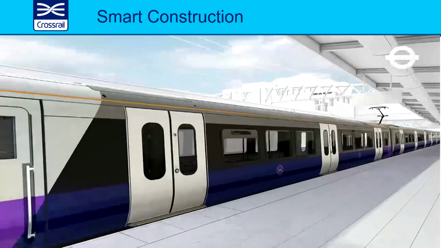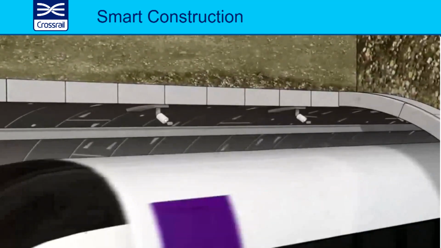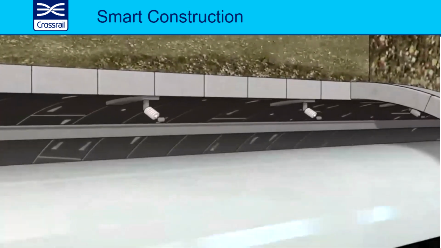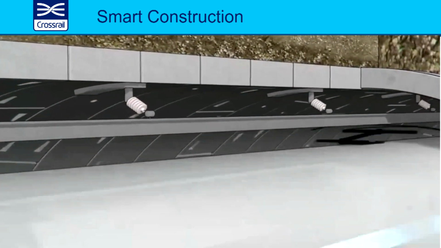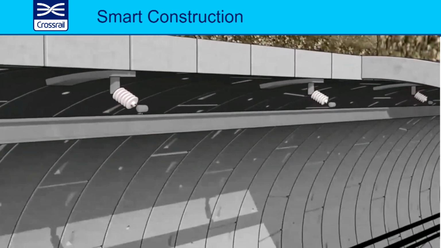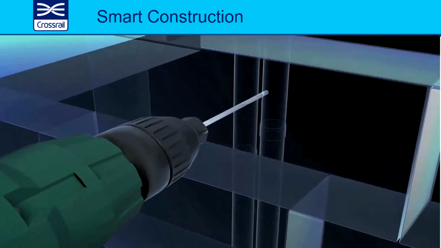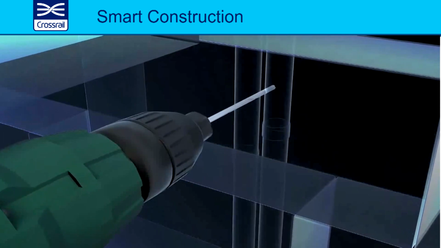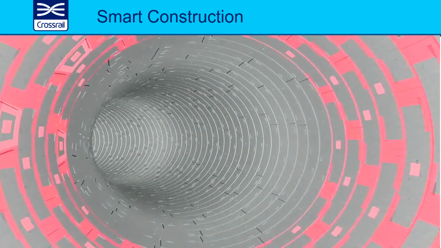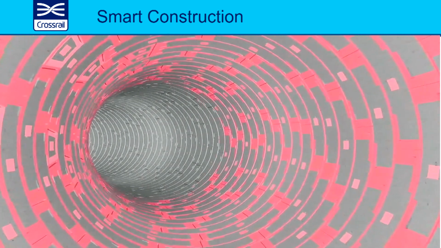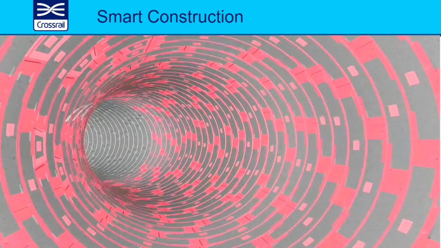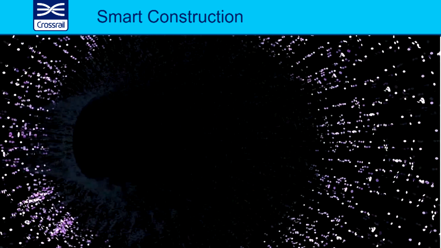And also smart construction. So here we have a train going through one of the tunnels. Obviously, lots of equipment needs to be installed in these tunnels: walkways, CMS, fire mains. A huge amount of manual work would be required to drill the holes necessary for all this equipment. So each of the tunnels was scanned.